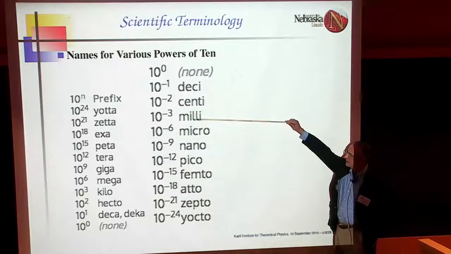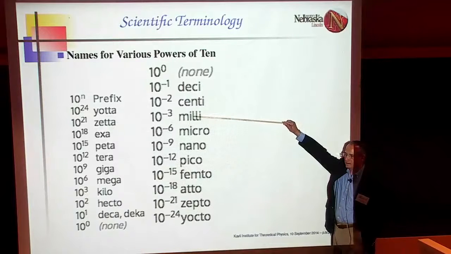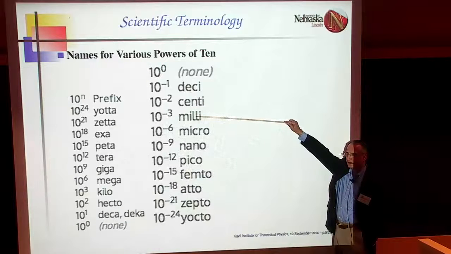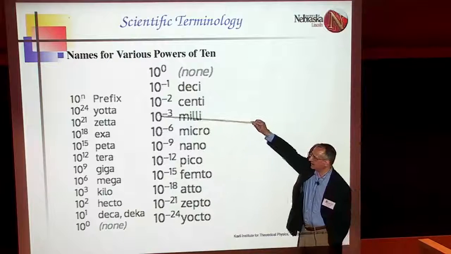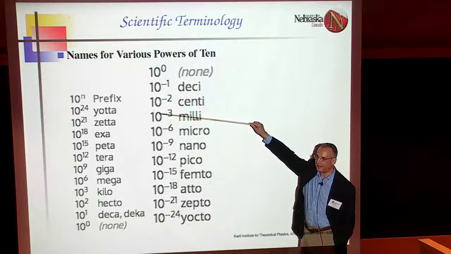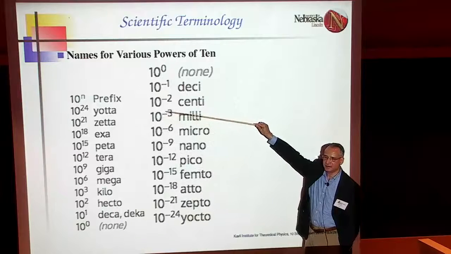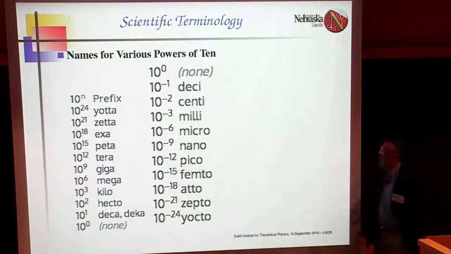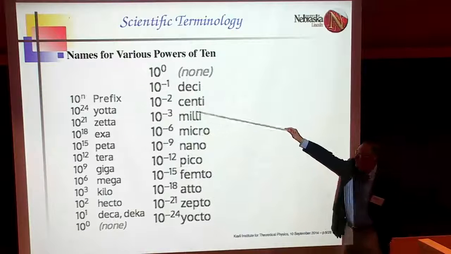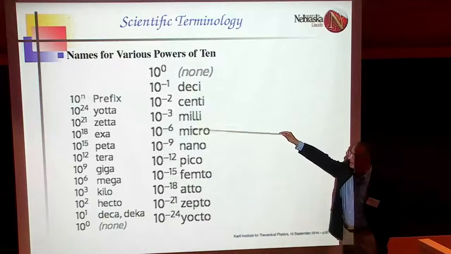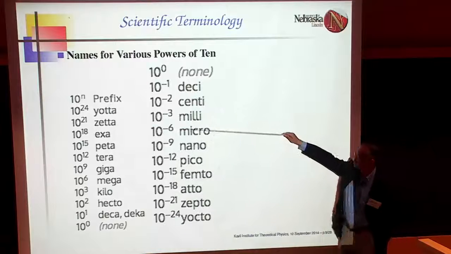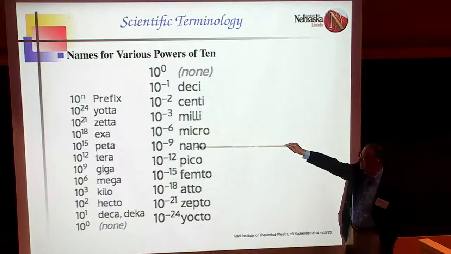The time scale needed for the Muybridge photographs of the horse motion had to be on the millisecond level, that is a 1,000th of a second, which is 10 to the minus 3. And then you go up. There's a new word for every 1,000. So a millionth of a second is a microsecond, and a billionth of a second is a nanosecond.